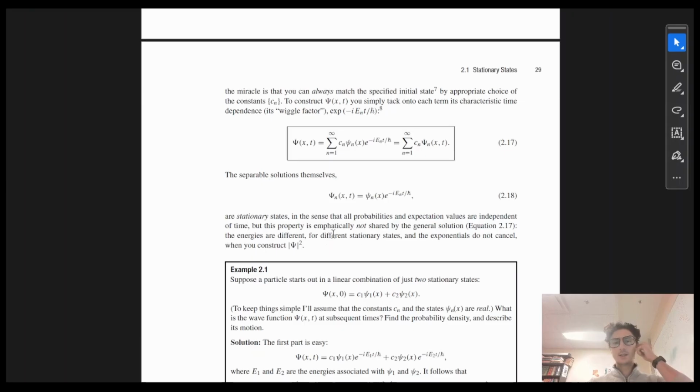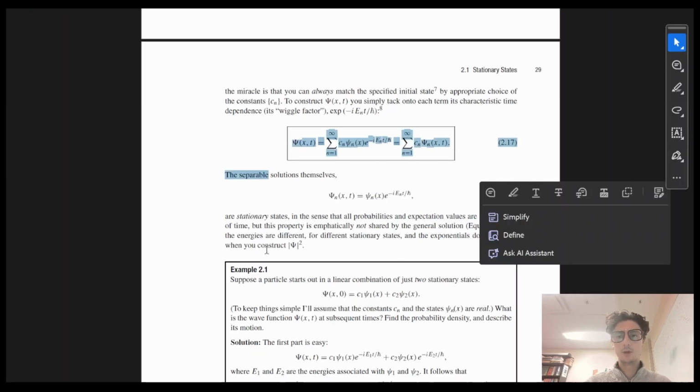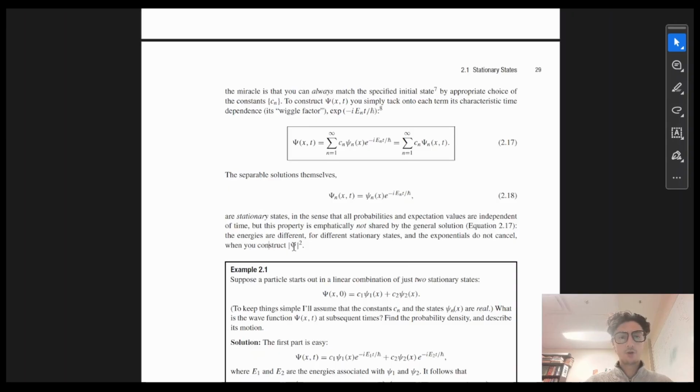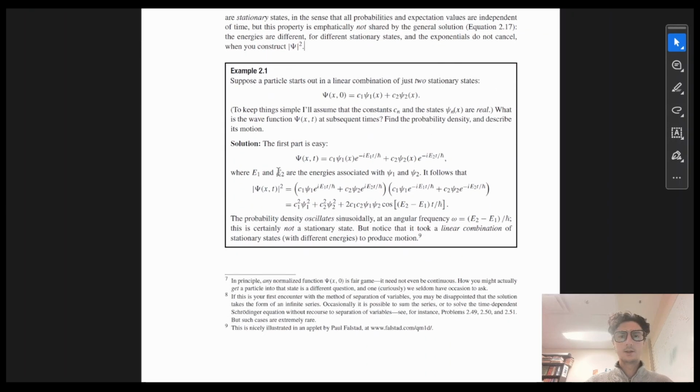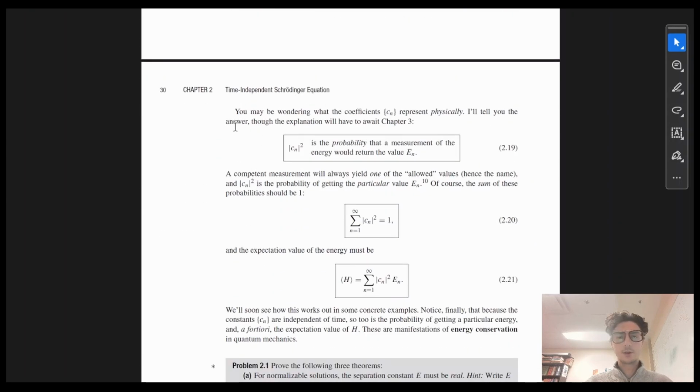But this property is emphatically not shared by the general solution, equation 2.17. Boom. Very sad. The energies are different for different stationary states, and the exponentials do not cancel when you construct psi squared. Okay, this is interesting. We're going to read this example later, just get some of the theory.